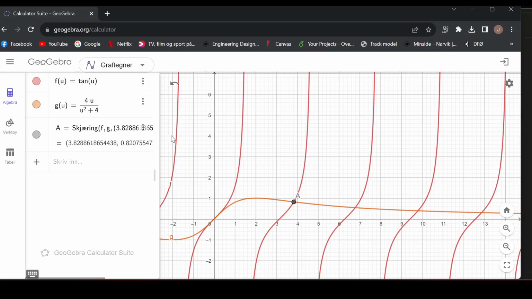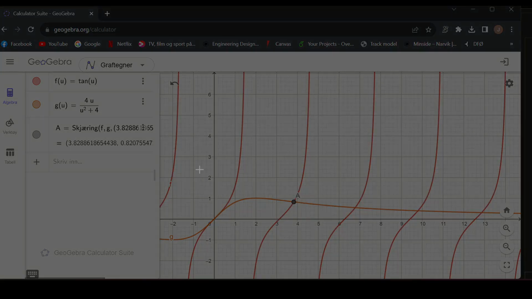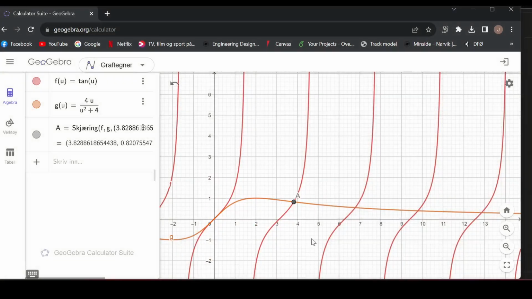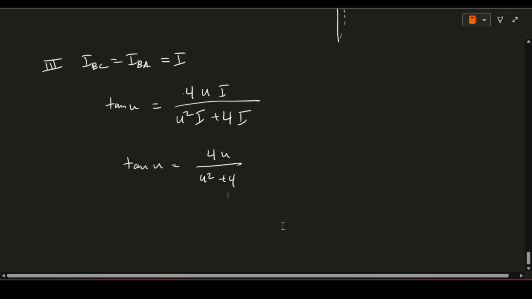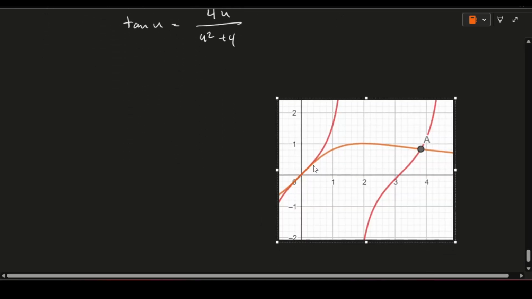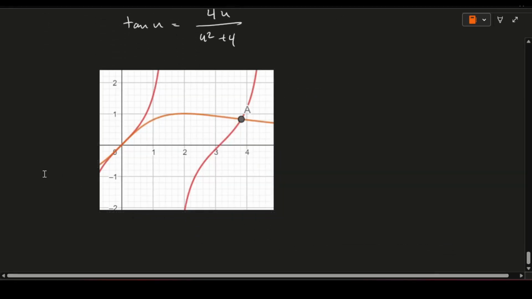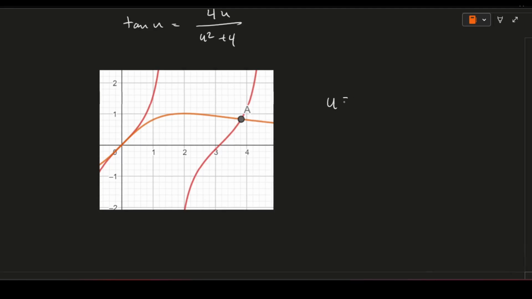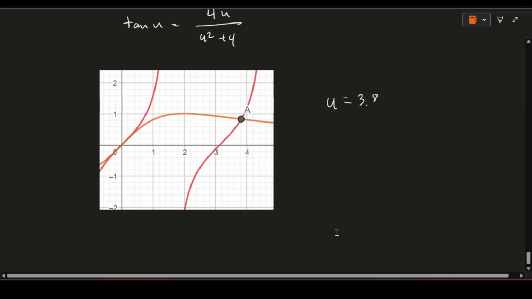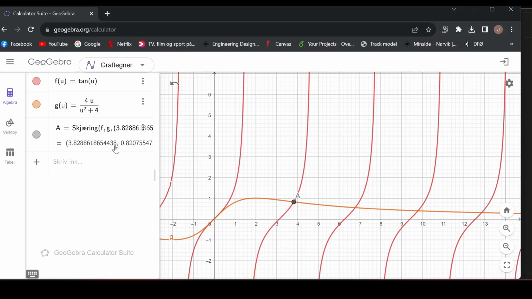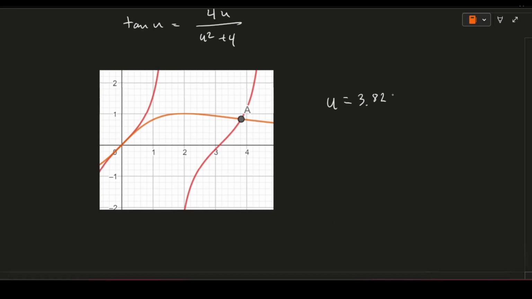That happens if U is equal to 3.8289. What did I say? 3.8289.